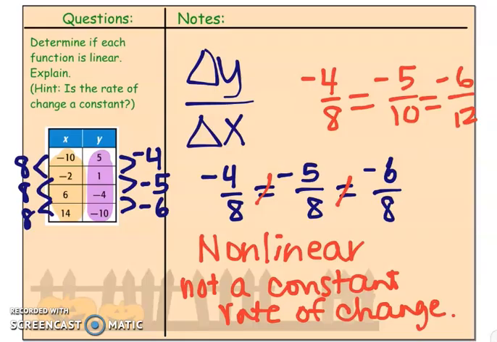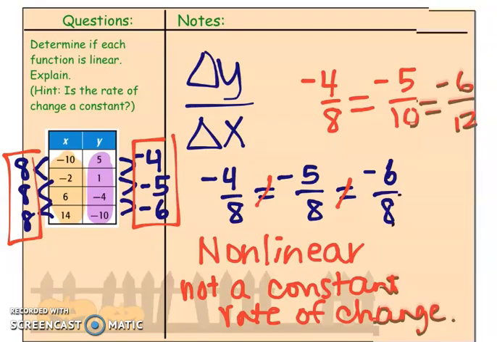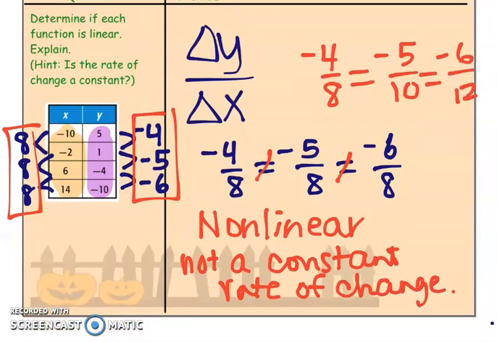So it's not like you can stop right here and say, oh, those are different numbers, it's not going to be a constant. You've got to check the other numbers as well, because it's the change in y divided by the change in x that has to be a constant that determines if it's linear. And that is our last example. So be careful, check each interval, and it should be good.